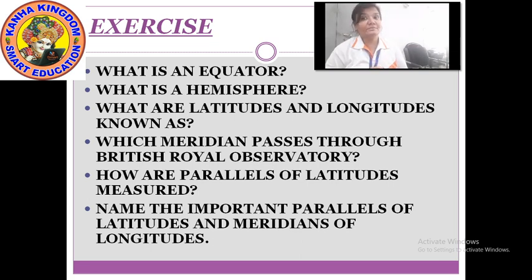Parallels of latitudes are Tropic of Cancer, Tropic of Capricorn, Arctic Circle and Antarctic Circle. You can also count equator in that. So there are five parallels of latitudes: equator, Tropic of Cancer, Tropic of Capricorn, Arctic Circle and Antarctic Circle.